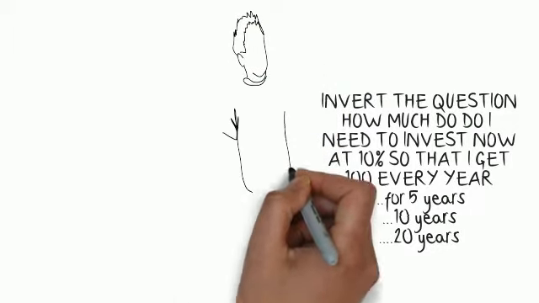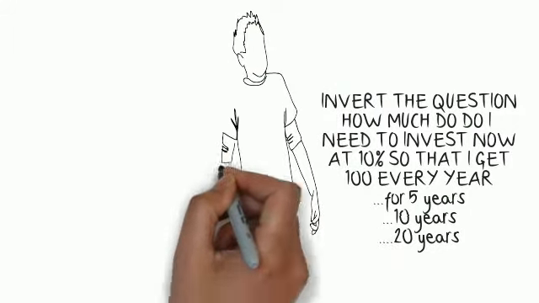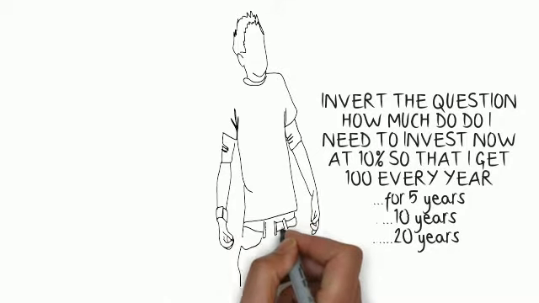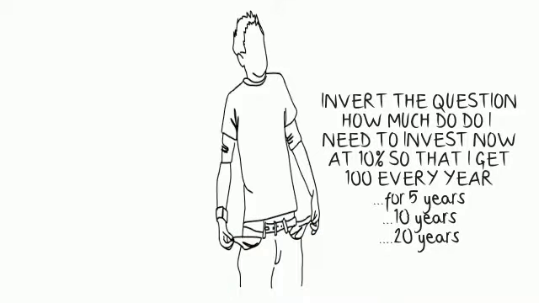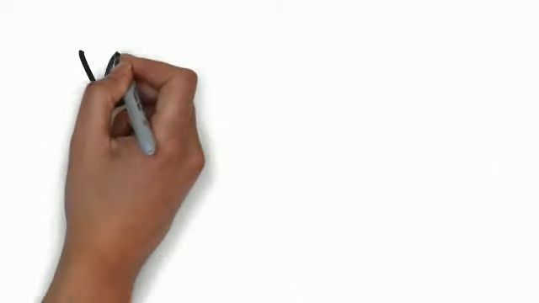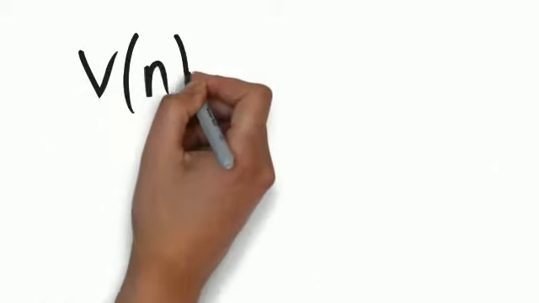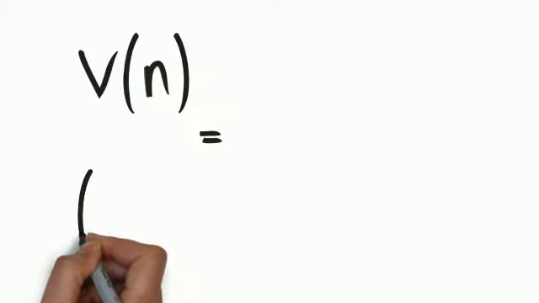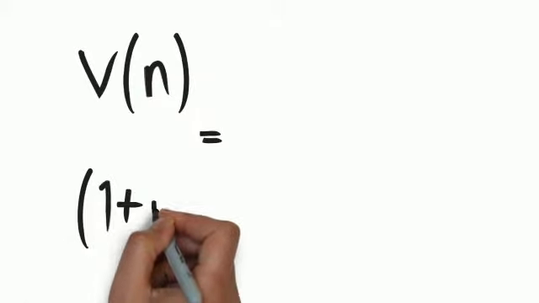So again, we will take a slight shortcut in this case because we have introduced the accumulating function. So we will introduce the discounting function V of n, which is equal to 1 plus the interest rate, all of that raised to the power of minus n.